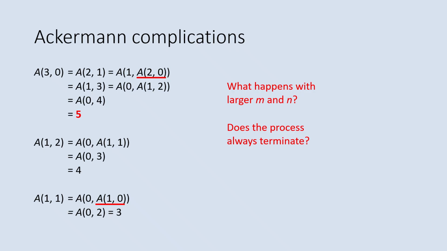Think about what happens in the different function calls when m and n get changed. What is happening? How do we know that that's always working toward a termination point? And then again, how big do these values get? We're not going to spend much time to look very far at this point, but these numbers can get very big very, very quickly.